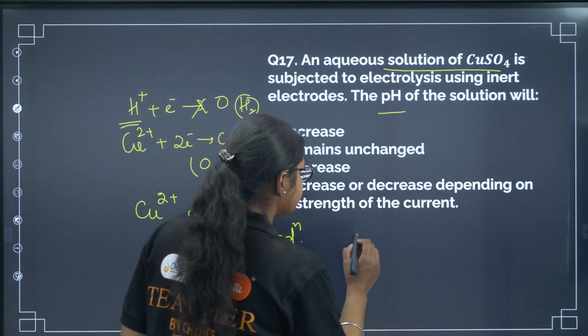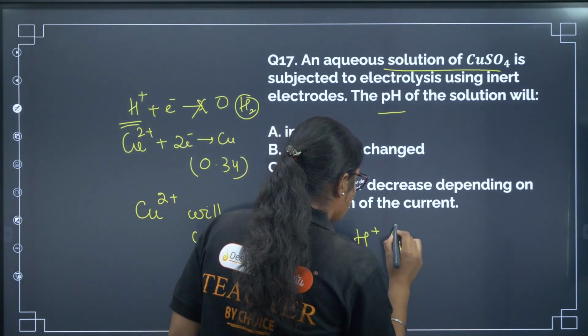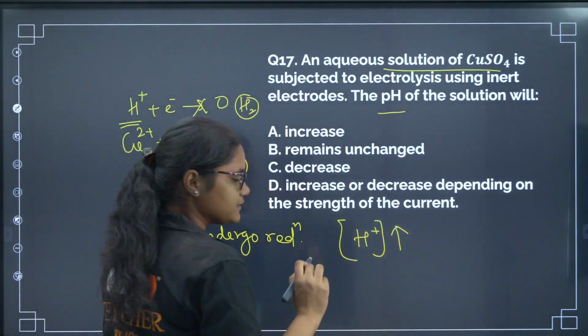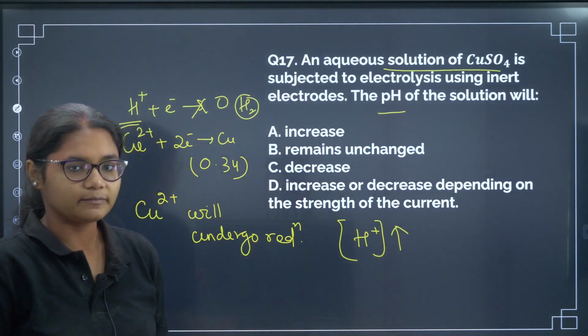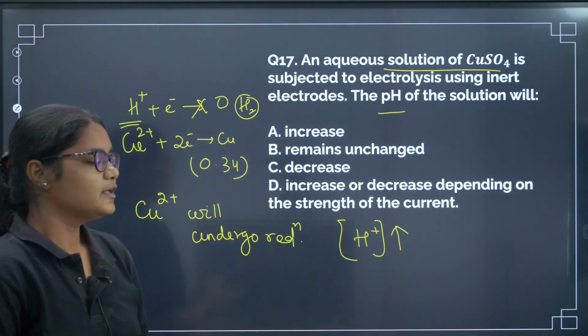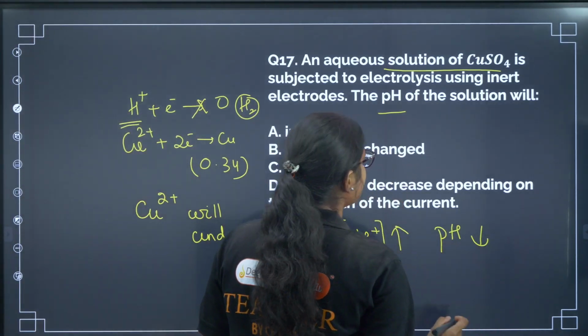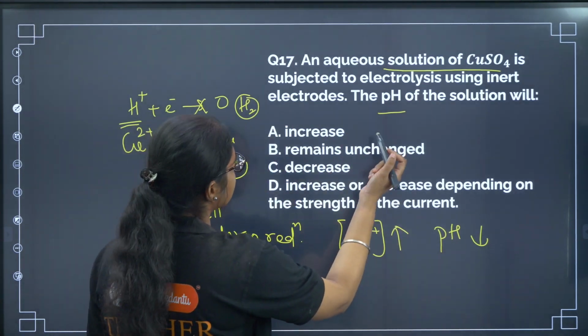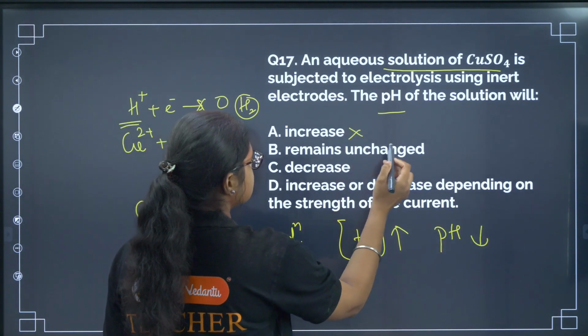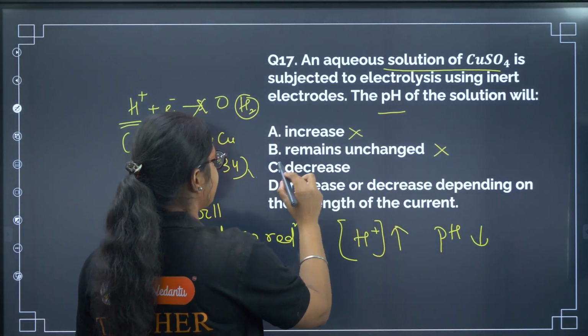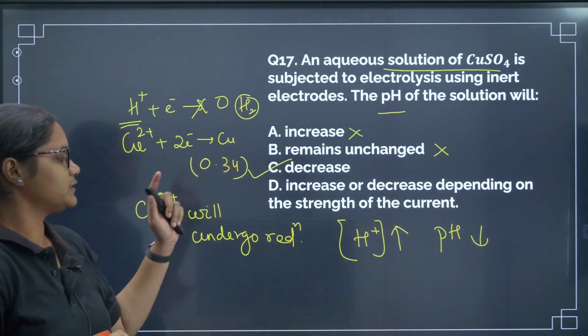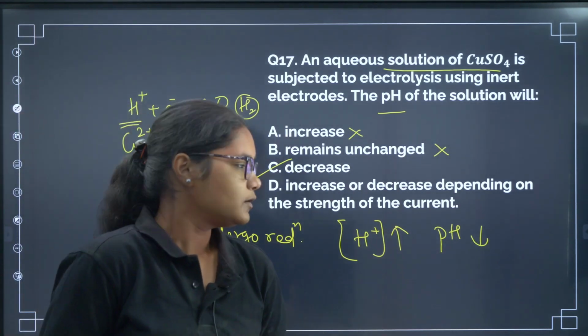Now can I say the H plus concentration in the solution is increasing? In the solution H plus concentration will increase because copper 2 plus will undergo reduction. If H plus concentration is increasing, pH will decrease, right? So what will happen to the pH? pH of the solution increases is wrong, remains unchanged is wrong, it will decrease, right? So the correct answer for this question is option C.